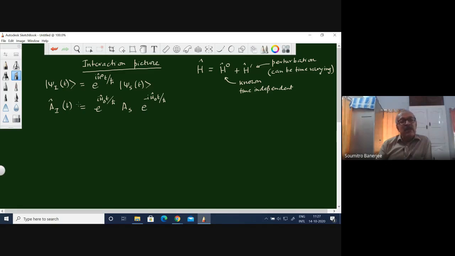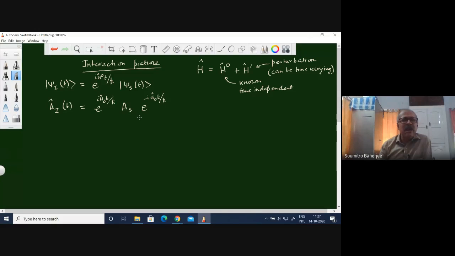In the Schrodinger picture, the A was not time varying. In the Heisenberg picture, it was time varying. In this case, also it will remain time varying. You might ask, what do we achieve by this? That we'll see in the next semester, but let us proceed a bit to see the characteristic of this picture.